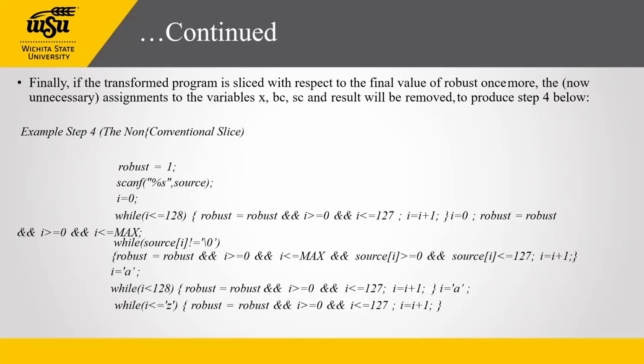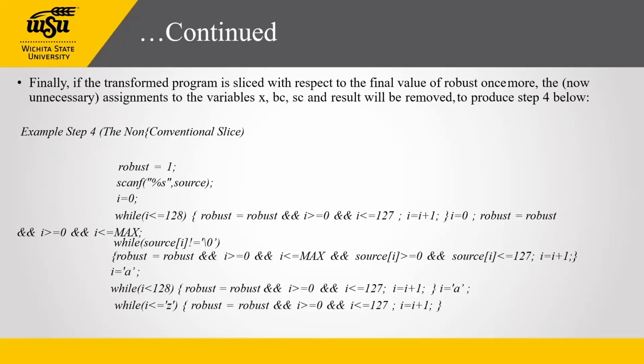Here we have taken an example for step 4, which is a non-conventional slice. First I'll assign a constant value like 1 to robust, and I'll take an input from the user as a source, and I'll take the variable i as 0, and I'll run the loop till the i value gets to 128.